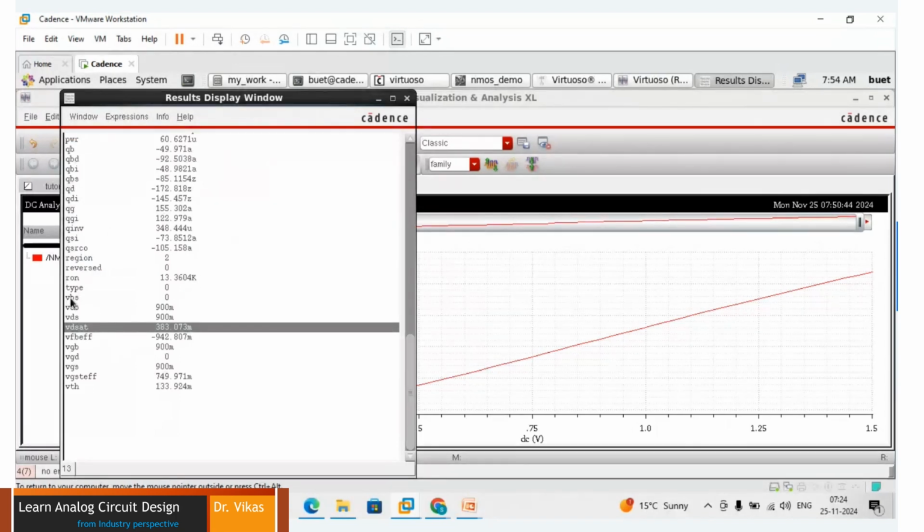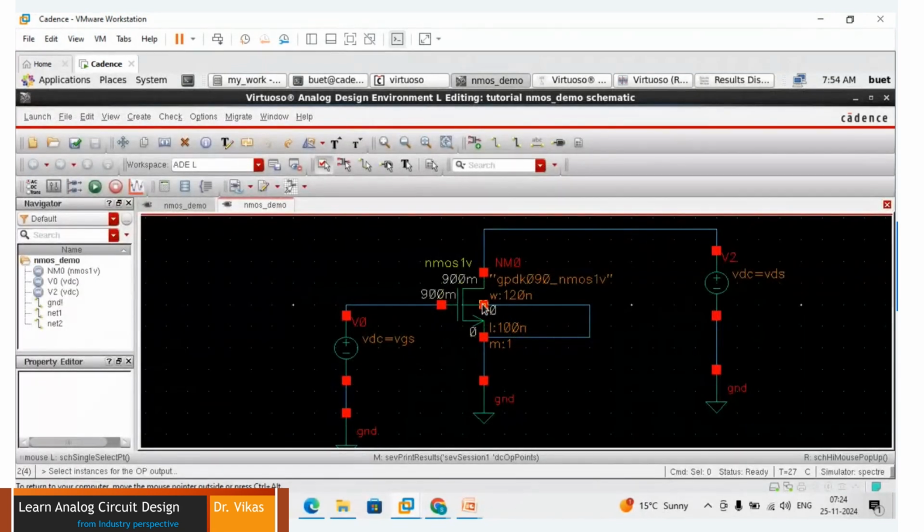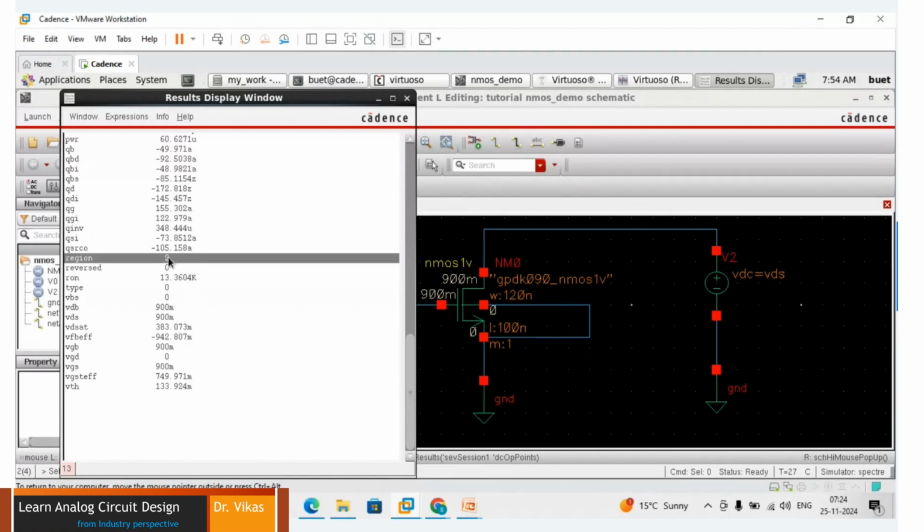And if you see over here, VBS, you have connected it to the source, because the body has been connected to the source and it is grounded. That's why VBS is also 0. In the next session, we'll try to understand what happens if I vary this VBS. Now you can see there is something called region 2 given.